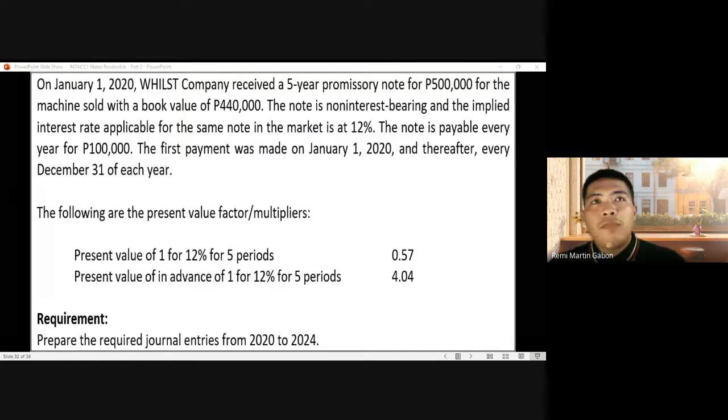Or the present value is equivalent to the undiscounted value. Or the discounted value is equivalent already sa 100,000. The first 100,000. Yung ipe-present value na lang natin are the succeeding installments.